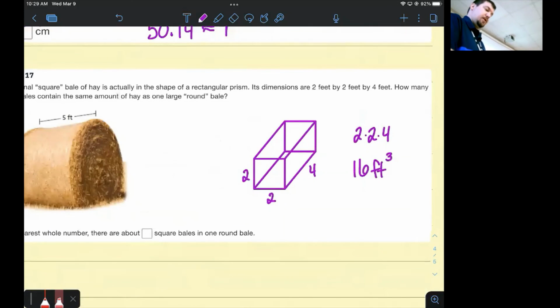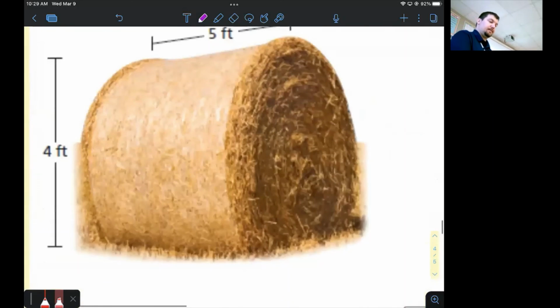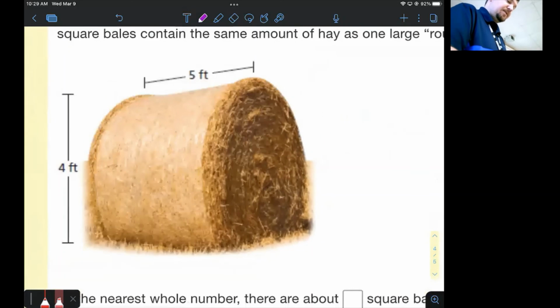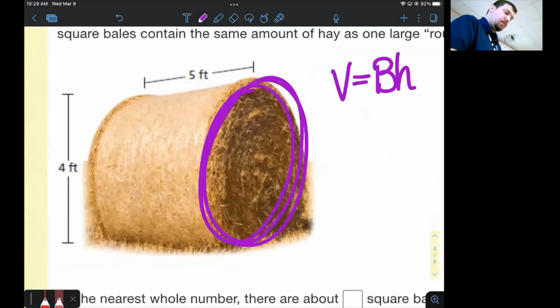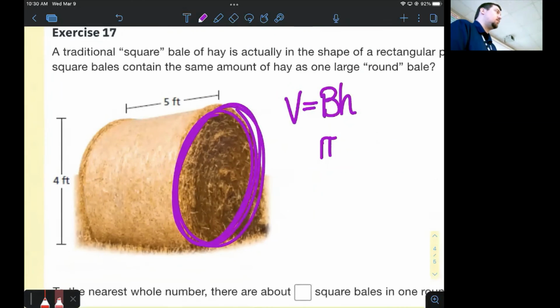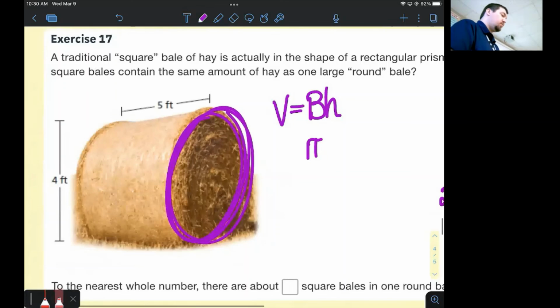For the cylinder, it's bigger. It uses the same formula though, except instead of capital B being replaced with length times width, capital B is going to be pi r squared because this is a circle. What is the radius of that circle? 2, okay.